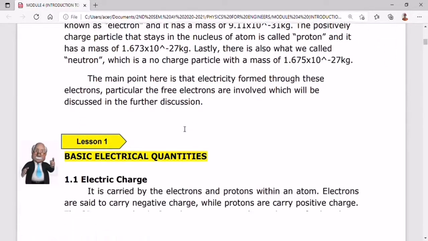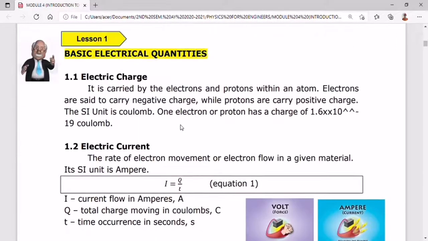Now, our first lesson is the basic electrical quantities, and we know that we have numerous electrical quantities in our major subjects. The first one is electrical charge, which is carried by the electrons and protons within an atom.